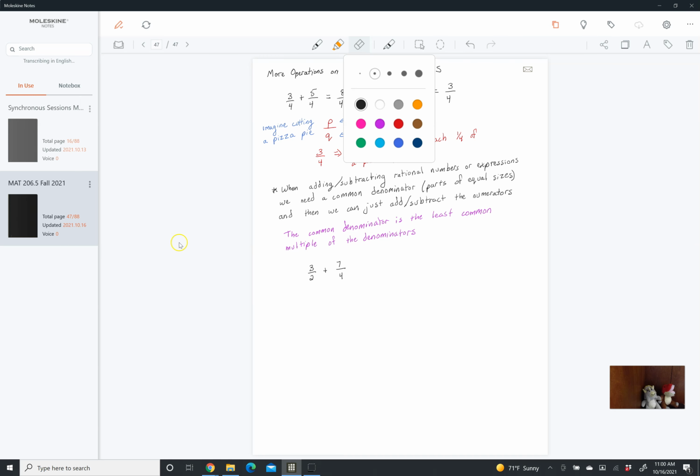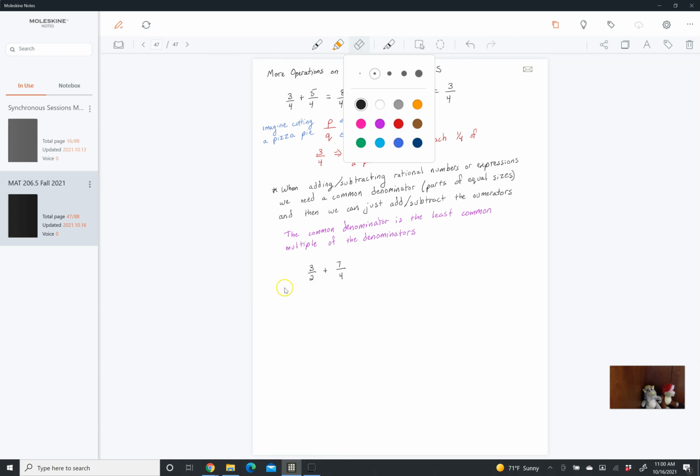Well, now we're taking 3 halves, which means we're looking at slices that are half of a pizza pie, and then we're also looking at slices that are a quarter of the size of a pizza pie. Okay, well, this really doesn't work. You can't add these two things when they're different sizes.